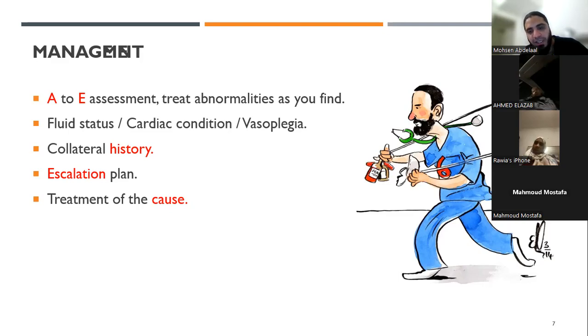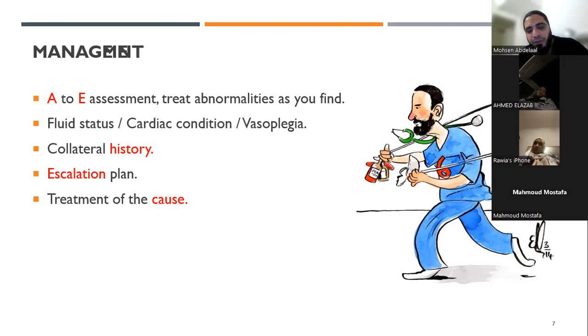Breathing: if the patient has difficulty breathing, again oxygenation will be affected and the perfusion will be affected, and the rest of the assessment will be like this. So if you face a patient with shock, hypotensive, oliguric, drowsy, or whatever, don't start assessing the organ which is affected. No, take it from A to E, step by step, and treat abnormalities as you find them.